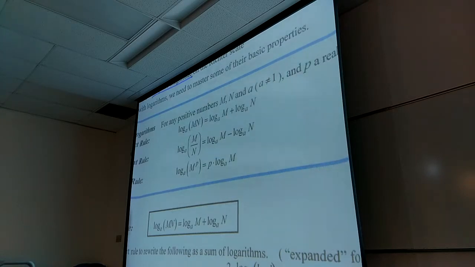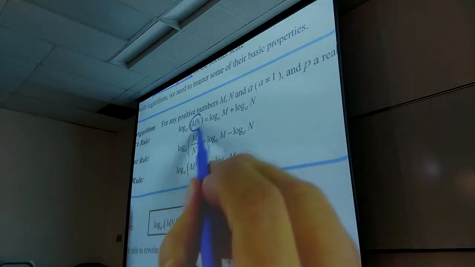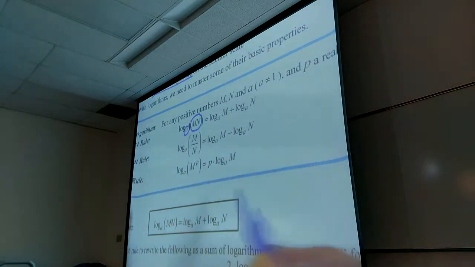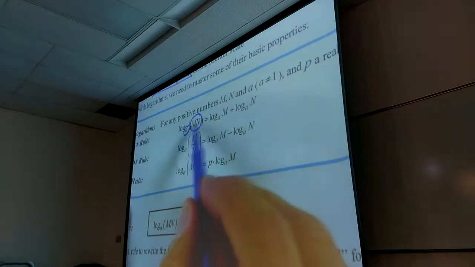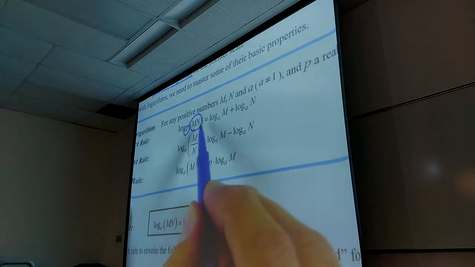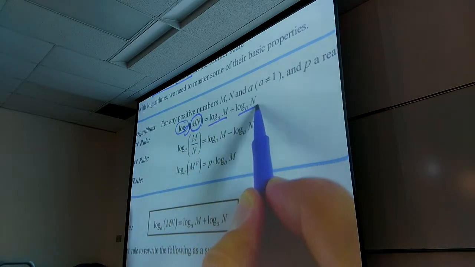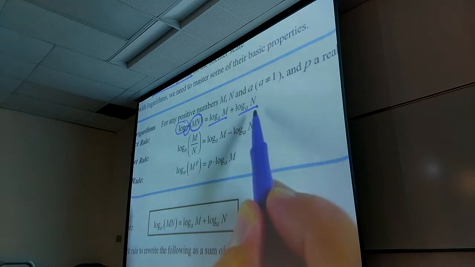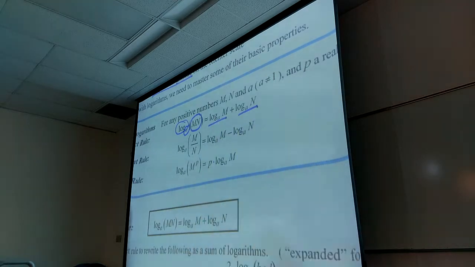The power. So when I multiply two things that have the same base, that's what that says. They both have a base of A, don't they? When I multiply two things that have the same base, what do I do with their powers? Add them. That's all that's saying.